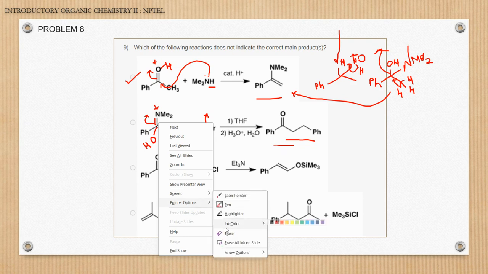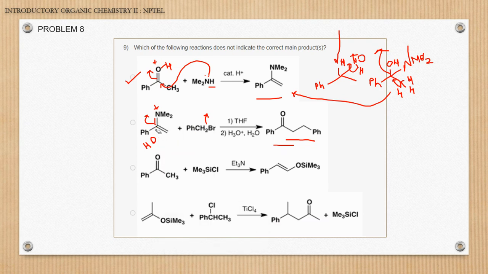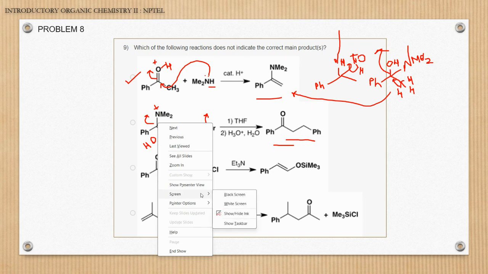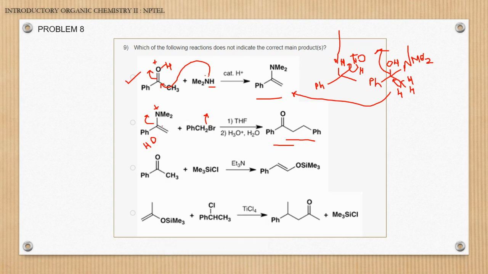So that means you will have this OH, and this positive charge is gone. Again this O lone pair will come down, and this NMe2 will knock out to give you what? This ketone.